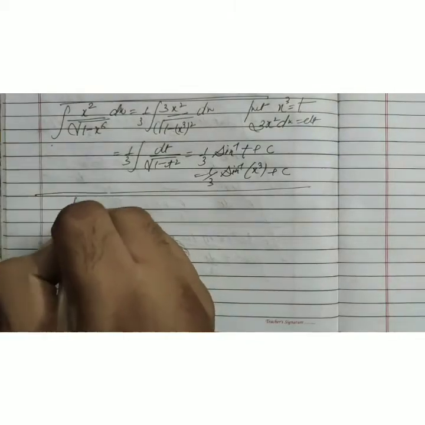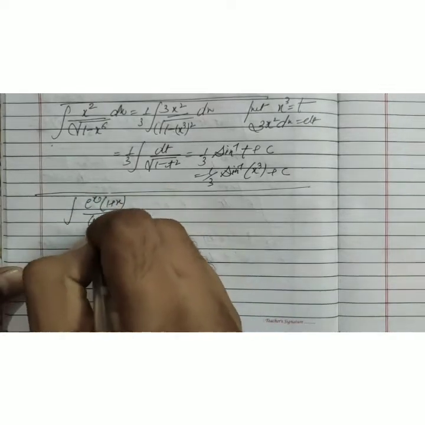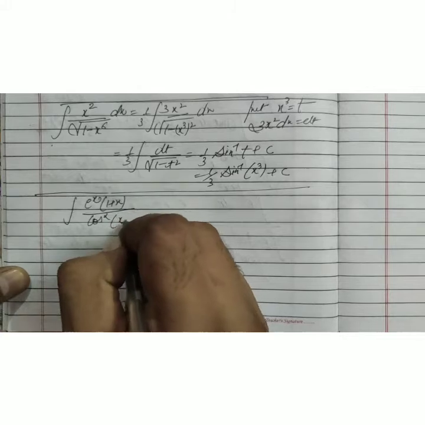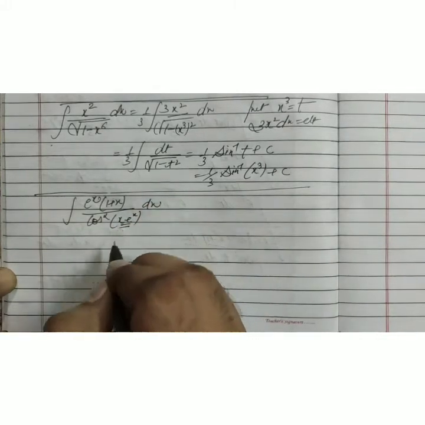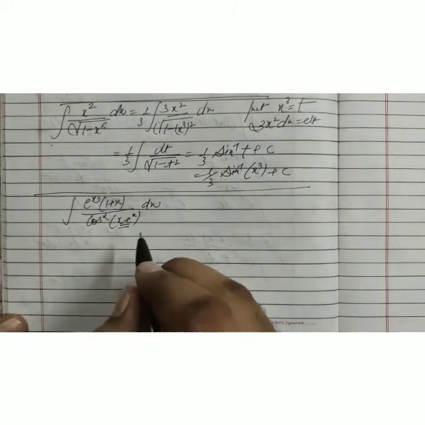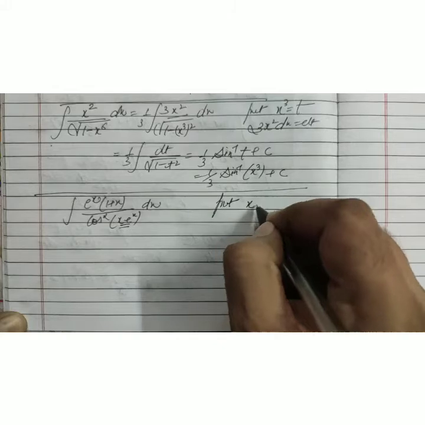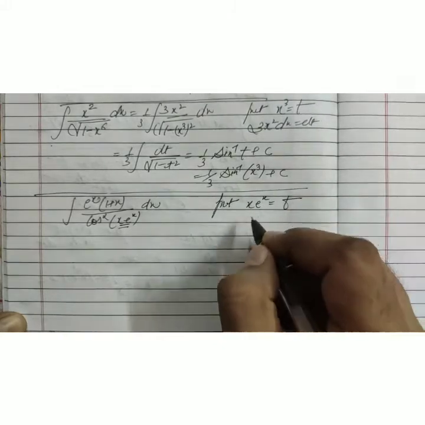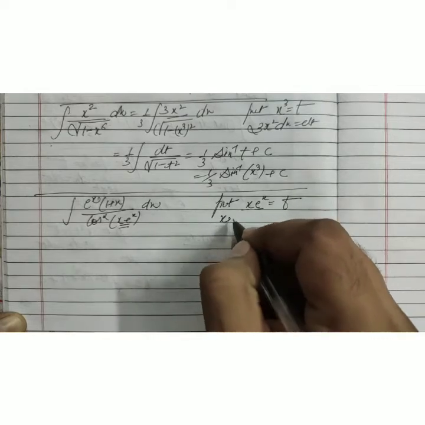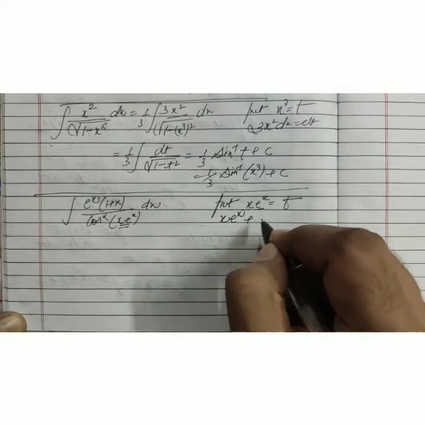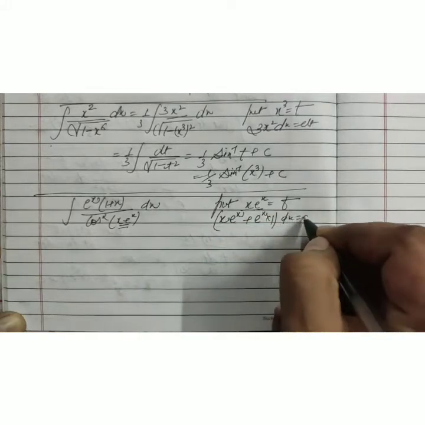Another example, integration of e raised to power x with 1 plus x in the numerator, over cos square of x e raised to power x, dx. As we have discussed, the angle in a trigonometric function should be a linear function, but here it is a product of a linear function with an exponential. So we put this angle as t and take the derivative on both sides. On the left-hand side, it is a product of two terms. By the product rule, first as is times derivative of second, plus second as is times derivative of first, multiplied by dx, is equal to dt.